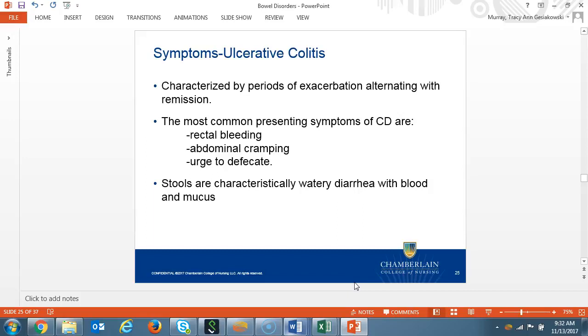Usually, there are no systemic symptoms. With moderate disease, patients experience 4 to 6 loose stools per day that contain more blood and mucus. Severe disease manifests with more frequent bloody bowel movements, like 6 to 10 per day, abdominal tenderness, and symptoms of anemia, hypovolemia, and impaired nutrition.